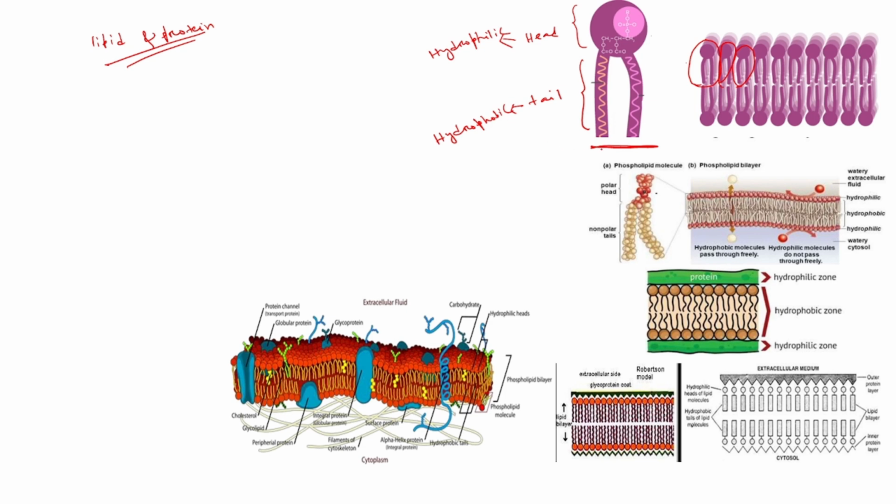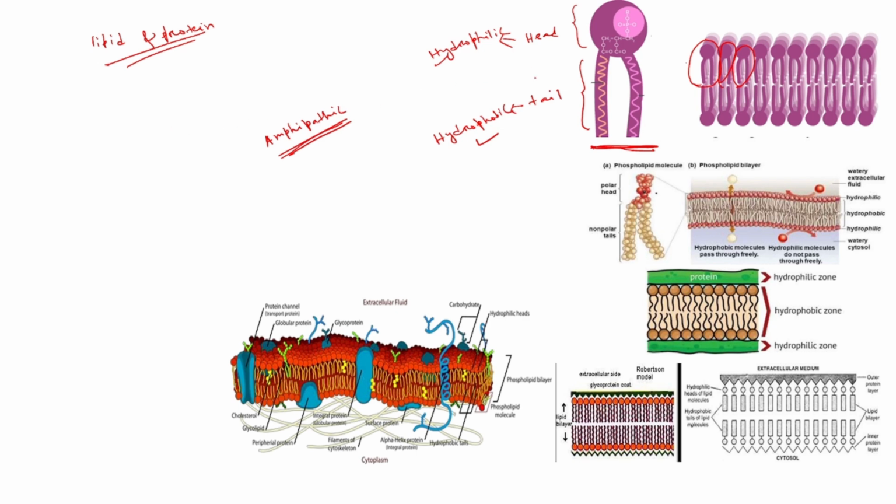That means it is the same structure in which both hydrophobic and hydrophilic parts are present. So that's why the lipid is called an amphipathic molecule. What is an amphipathic molecule? Any structure which contains both hydrophilic as well as hydrophobic parts is called an amphipathic molecule.